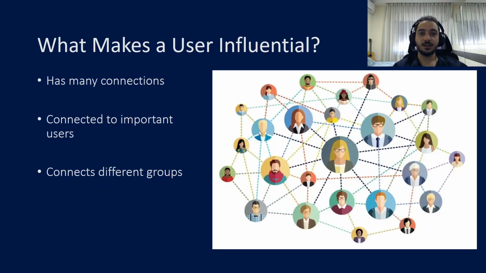For example, being connected to highly influential users can increase your own influence. And another important factor is acting as a bridge between different groups. Some users connect separate communities, allowing information to flow between them. So, influence is a combination of multiple factors, not just the number of connections a user has.